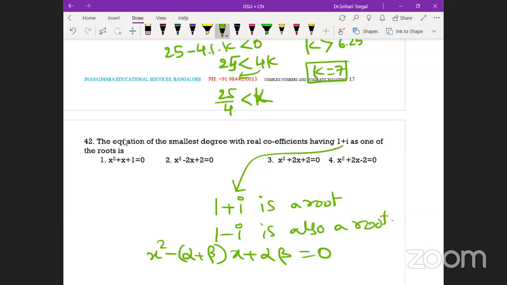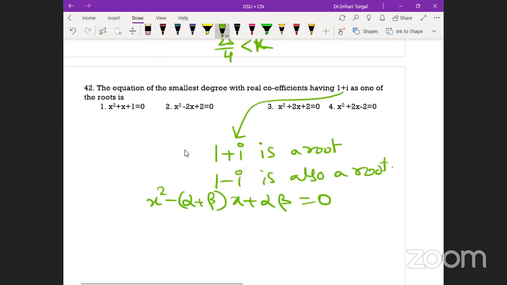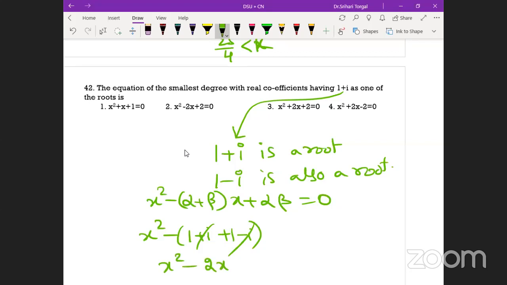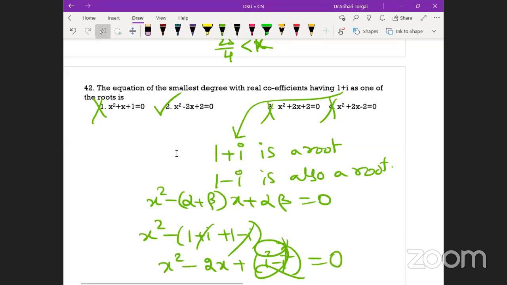We will write like this. This is the standard formula, correct? And if I follow that, one root is 1 plus i and another root is 1 minus i. If I cancel this, I will get minus 2x. If I multiply 1 plus i into 1 minus i, it is 1 square minus i square. i square is negative 1, so it is positive 2. 2 is the right answer.